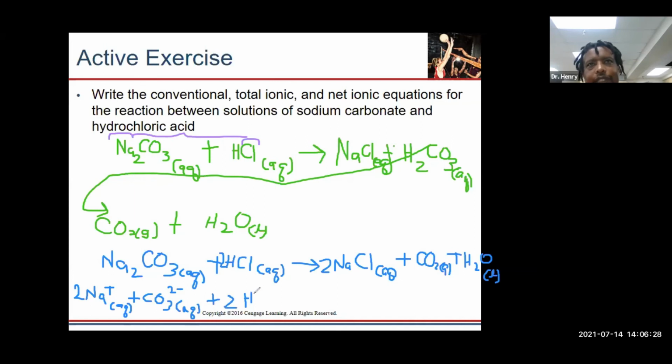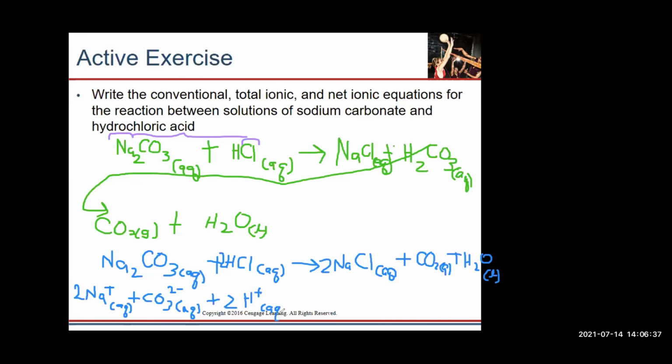It'll be 2H plus aqueous plus 2Cl negative aqueous, and then your yield sign, and then 2Na plus aqueous plus 2Cl negative aqueous plus CO2 gas plus H2O liquid. Okay, good job.